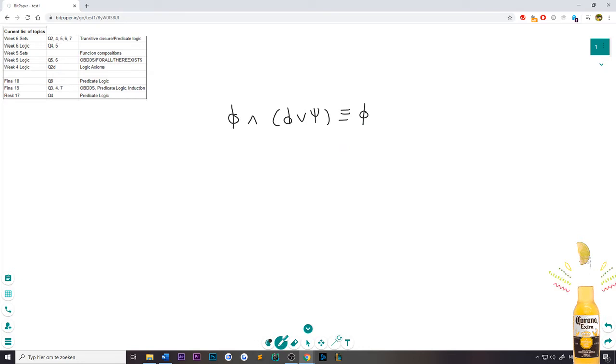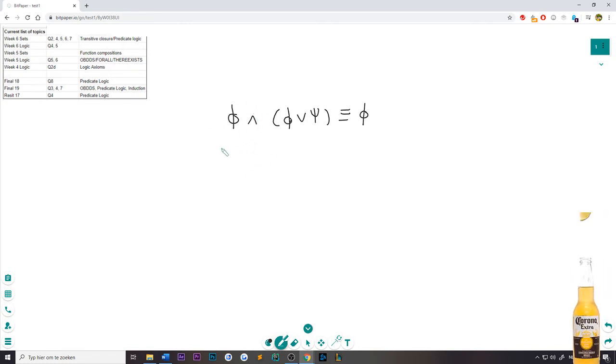So the first thing we do is we want to rewrite this, but then we want to get rid of this part, right? Because then we're left with phi itself only.